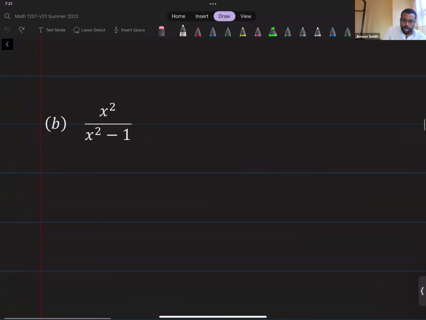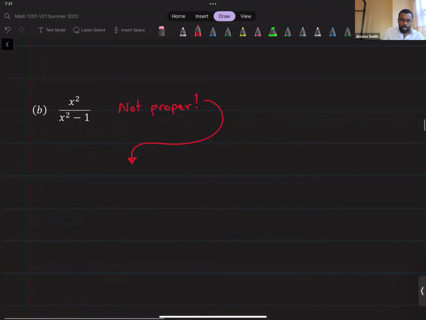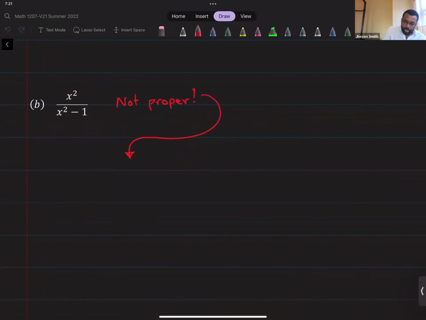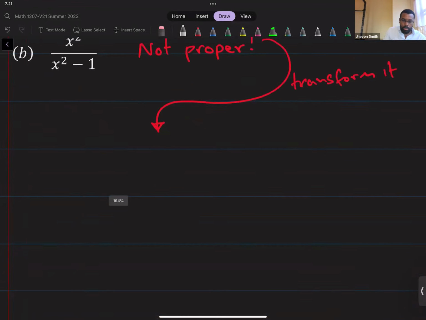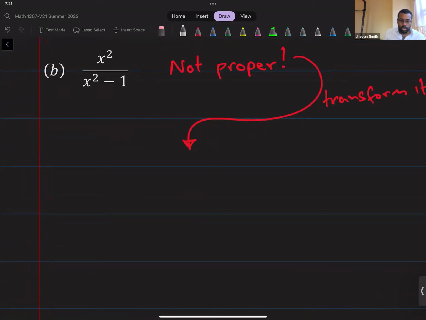Right, so not proper. So what do we do? You have to transform it, right? A bunch of methods. Let me show the algebraic way.